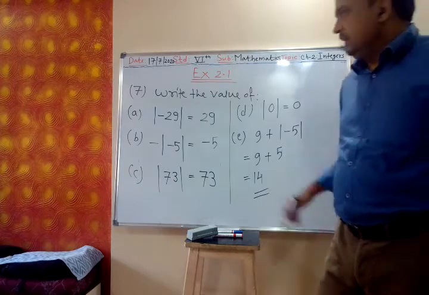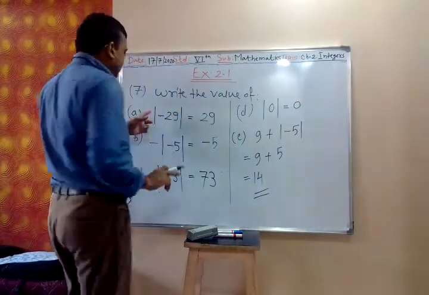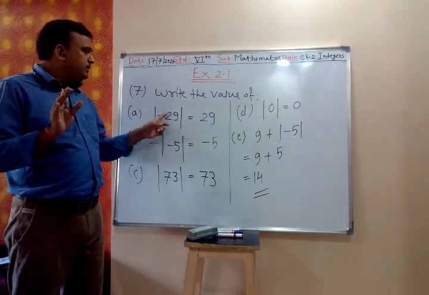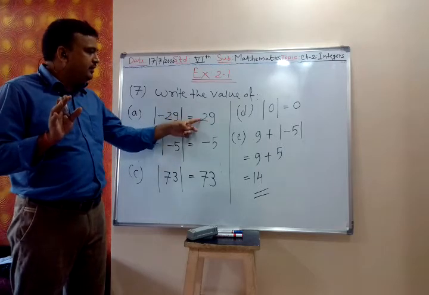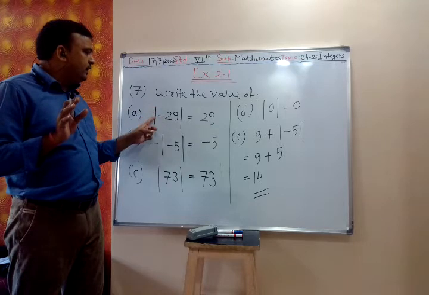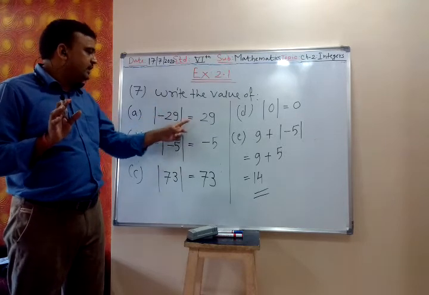See here, it is an absolute value bracket. The absolute value of a negative number is a positive number. So the absolute value of minus 29 will be plus 29.